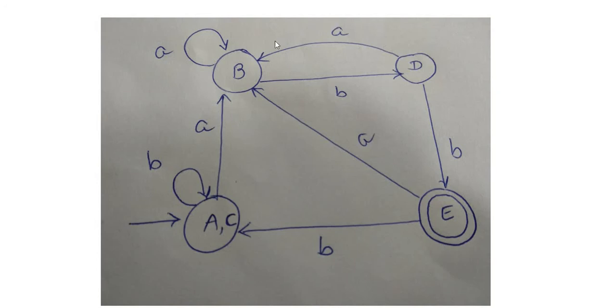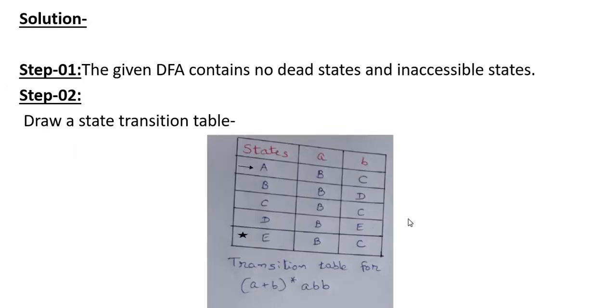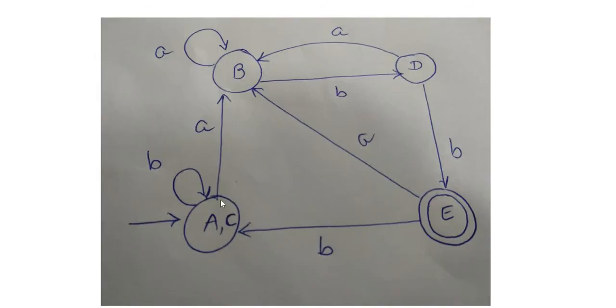D on A goes to B, and D on B goes to E, which is your final state. Then E on A goes to B, and E on B goes to C. Which is indicated here.